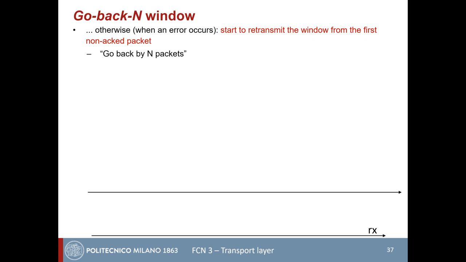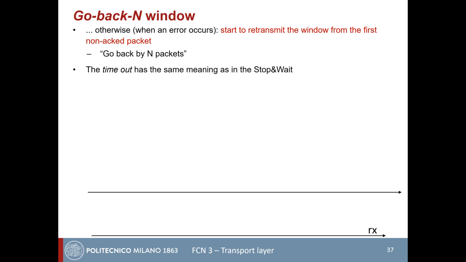So even if it has transmitted several packets, it starts transmitting again all the content of the window starting from the first packet that has not been acked. And this is why the technique is called go back N. Because the window has a size N and it is positioned at the first packet that has not been acked, all the content is retransmitted again in case of error.